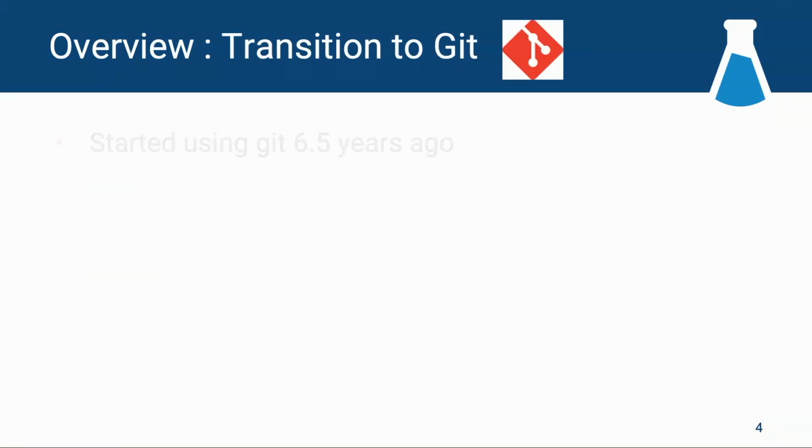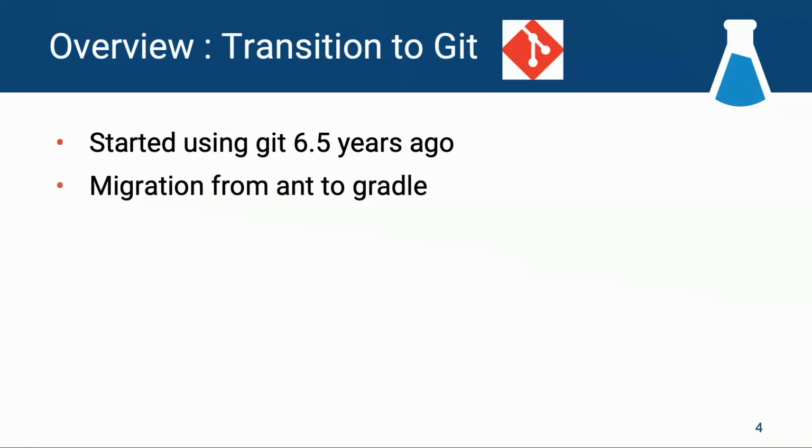So about 6.5 years ago, we started experimenting with Git. And you might ask, well geez, what took you so long? A couple things. As an organization, we had to learn how to use Git, understand what works best for us, how we're going to move forward from Subversion to Git.